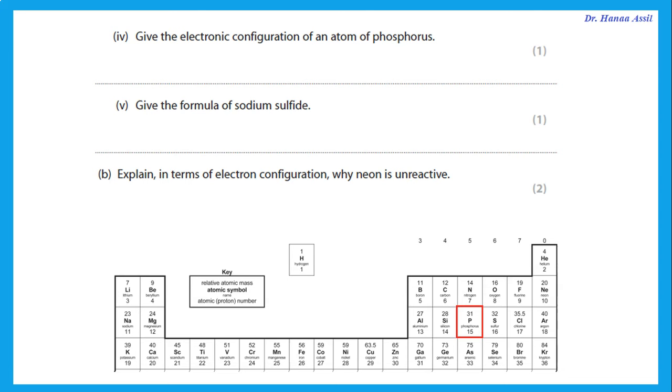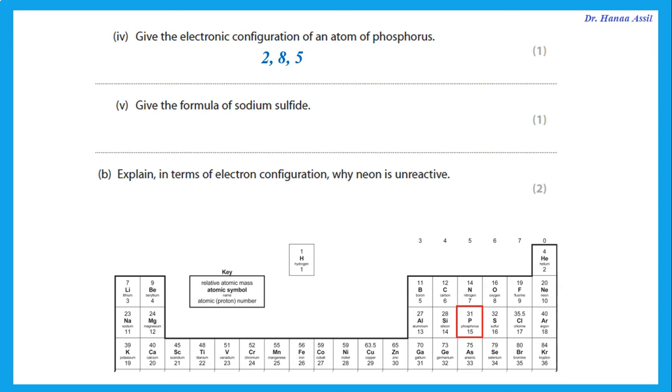So an atom of phosphorus would have 15 protons and 15 electrons. How do we distribute the electrons? Remember, the first energy level takes 2, then the next energy level takes up to 8, and we're still left with 5, so it goes into the third energy level.